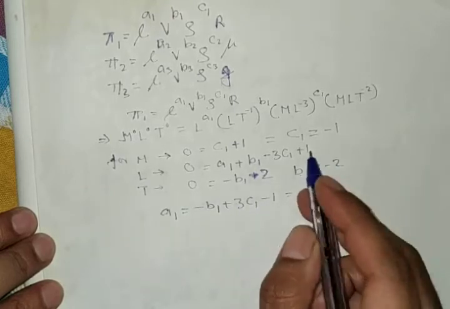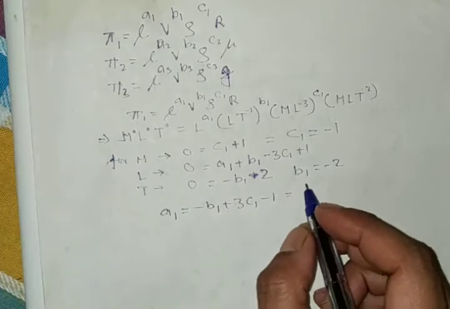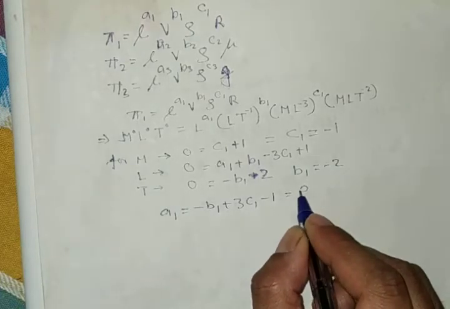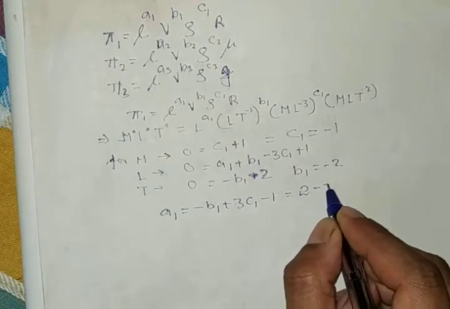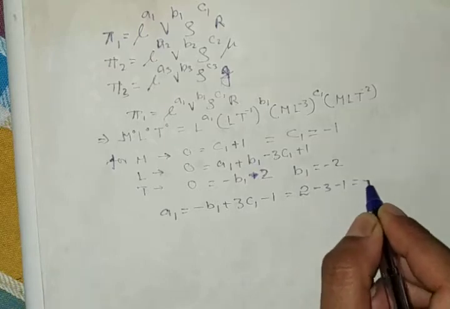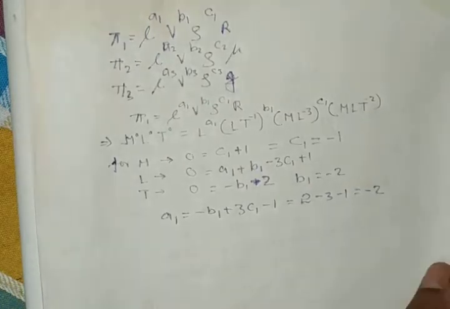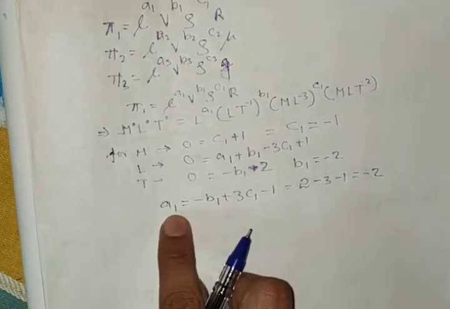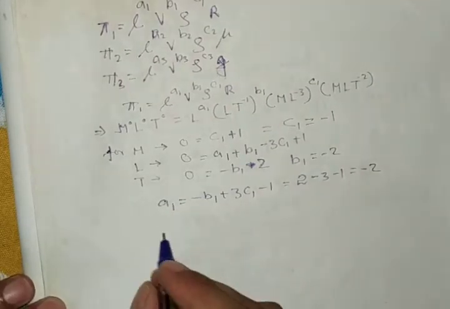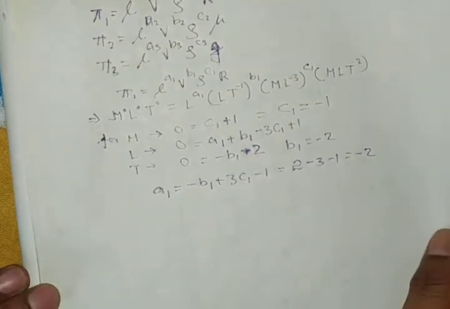If I put the value of C1 and B1 here, it will be 2 minus 3 minus 1, so it will be minus 2. So you got the values of A1, B1 and C1.